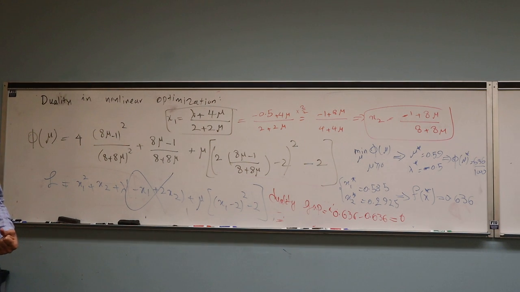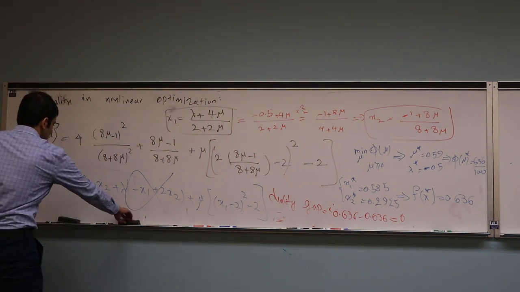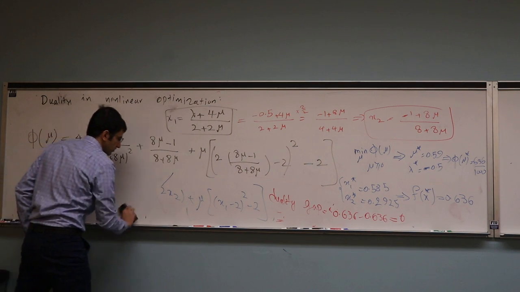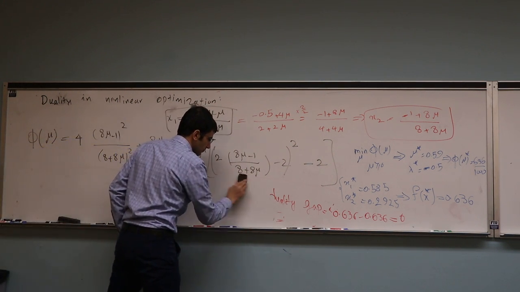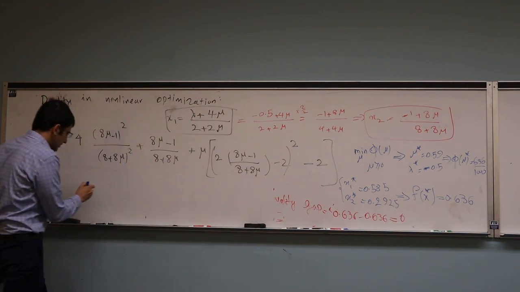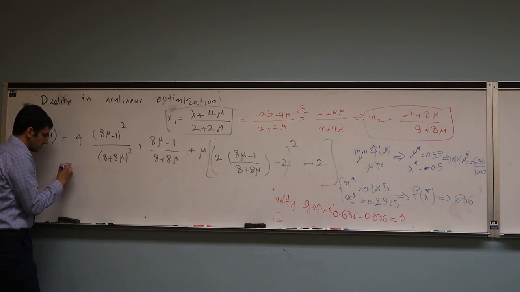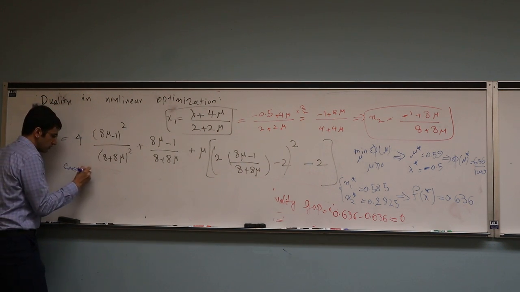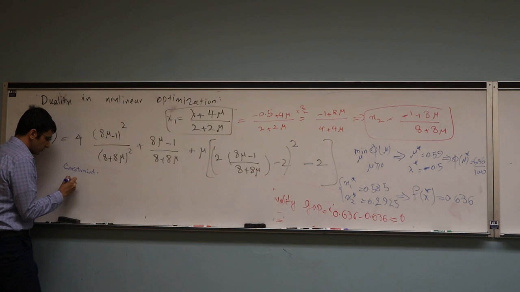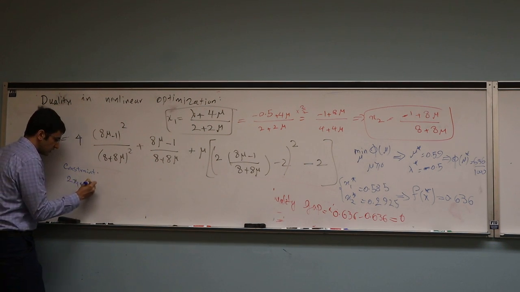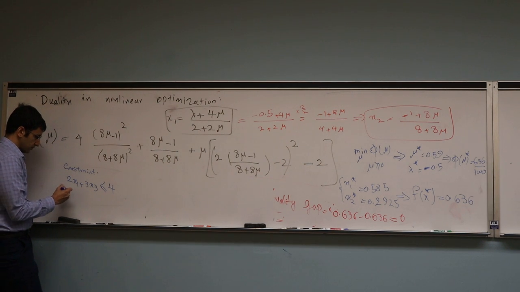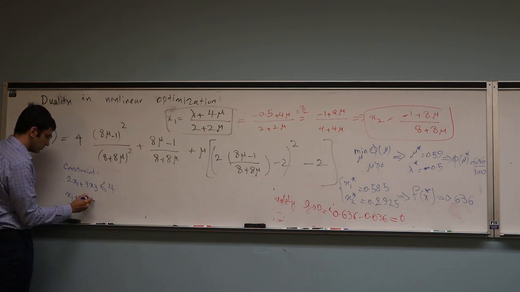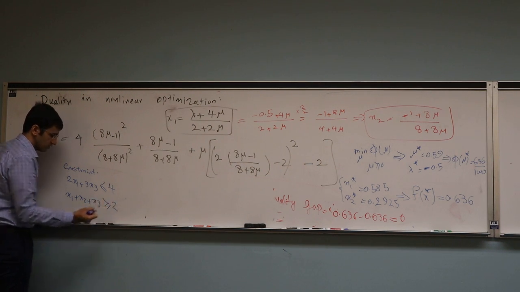What that means is that if you have some coupling constraints in the original problem, let's say in the constraint set, you have 2x1 plus 3x3 is equal to 4, and you have x1 plus x2 plus x3 equal to 2.